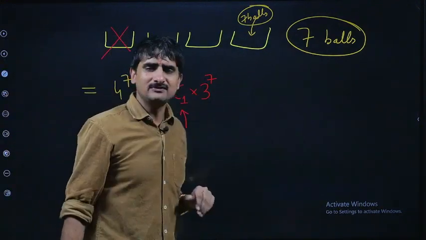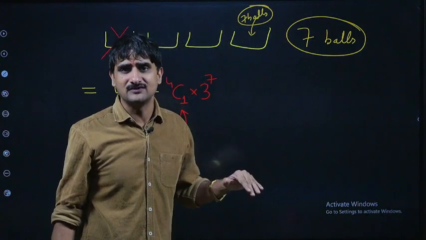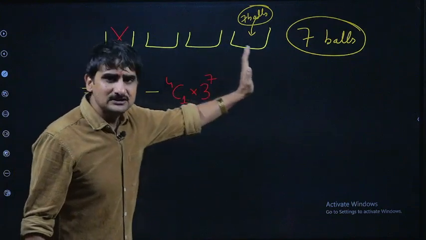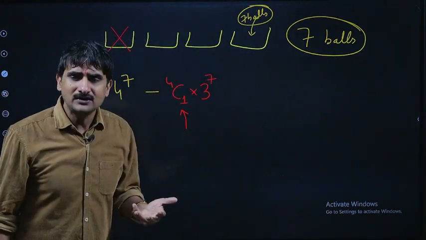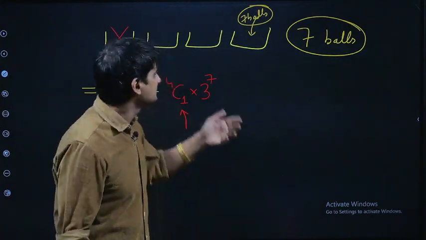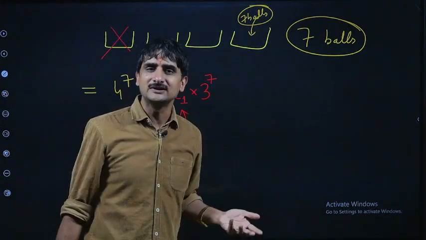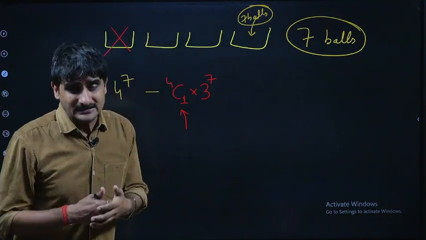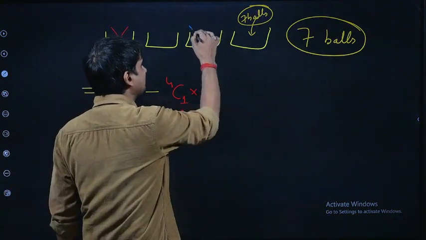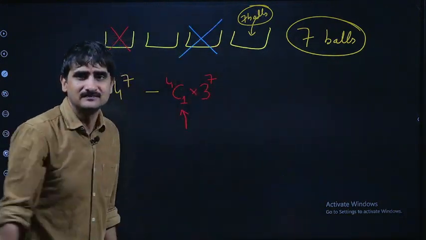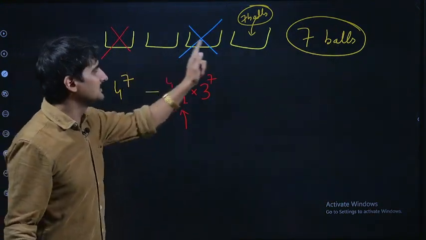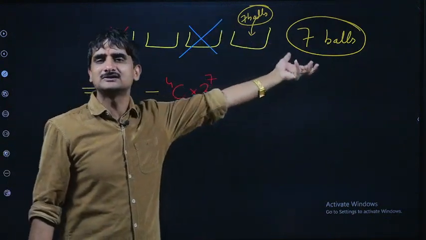Because 3 raised to the power 7 means the unrestricted way once I removed one box to ensure it is empty. The rest are 3 boxes. So that includes a way when we are putting all balls in the 4th box. What does that mean? That means box 2 and box 3 are also empty. Now it is a case when in 4C1 ways we select the 3rd box and keep it aside, and you have 3 choices for every ball, box 1, box 2 and box 4, and again you put all the balls in box 4.